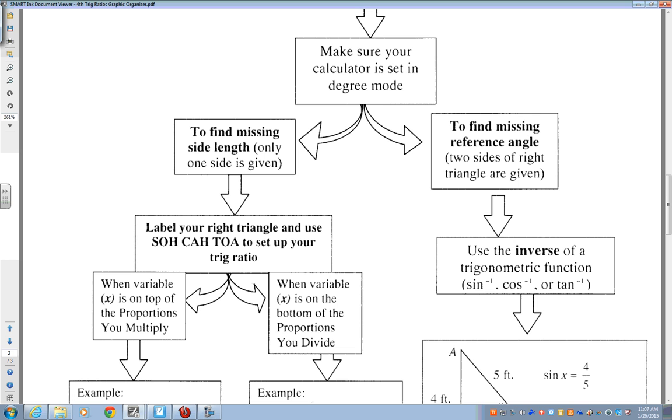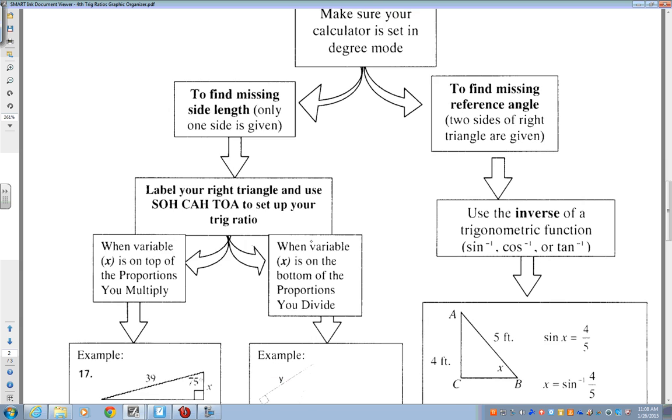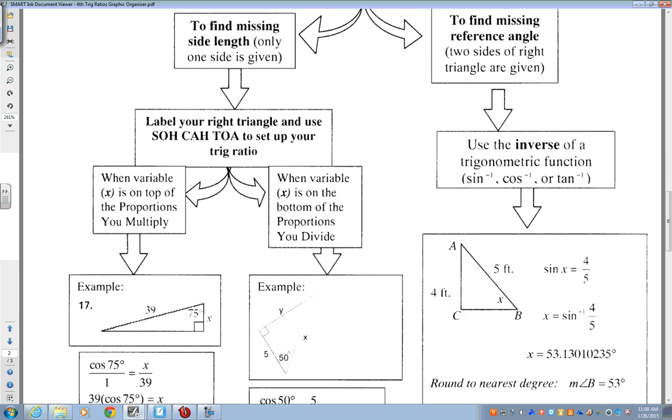It says if you're finding a side length, only one side is given. There are three things you have to do. First, you have to label the right triangle. That's the first thing I'm going to check for. Second, you have to use your trig ratio.